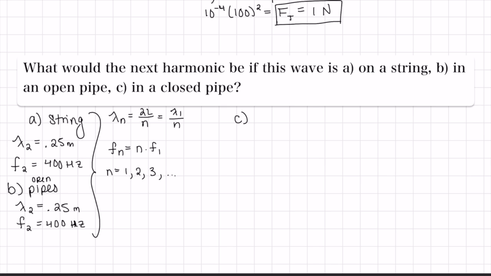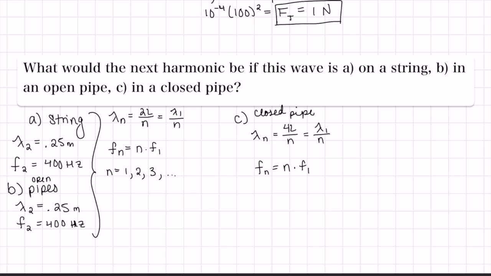For C, our closed pipe, we have lambda n is 4L over n, but it would still be lambda 1 divided by n. Our frequency, the harmonic, is the harmonic number times the fundamental.